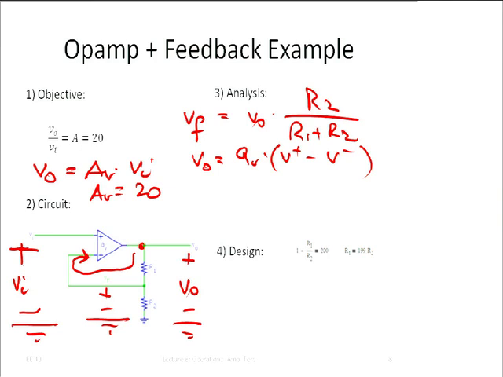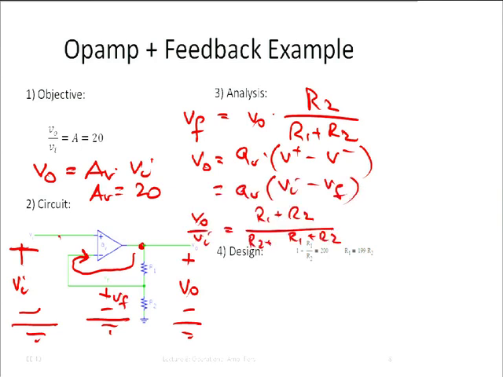Okay? And then we can solve, and if we solve this, we get Vout over Vi equals (R1 plus R2) over (R2 plus (R1 plus R2) over AV). So this is pure math now.